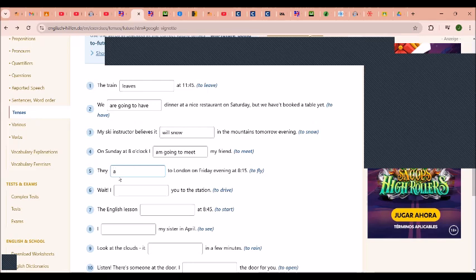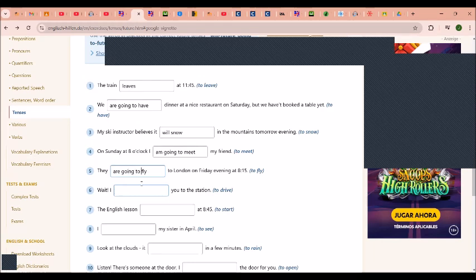So they are flying. All right. Now, here, we generally don't want you to go present continuous all the time, particularly because you don't know how close to the future Friday is.